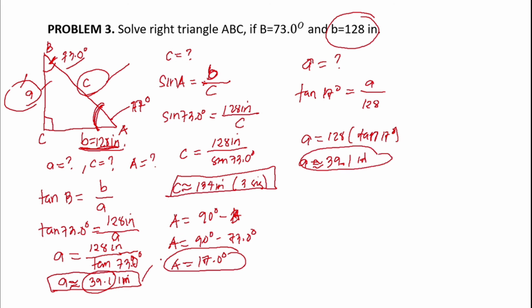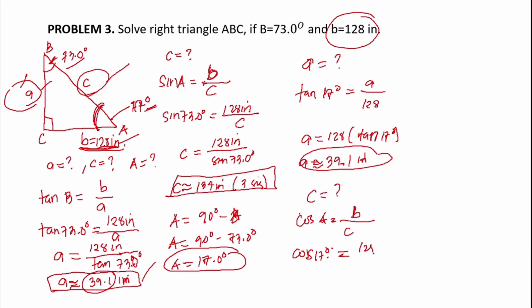Same way with this part. To solve for c, the ratio that we're going to make use of is B and the angle. So therefore, this is cosine, the adjacent and the hypotenuse. Cosine A is equal to the adjacent B over the hypotenuse c. So cosine of 17 degrees is equal to, what is our B?